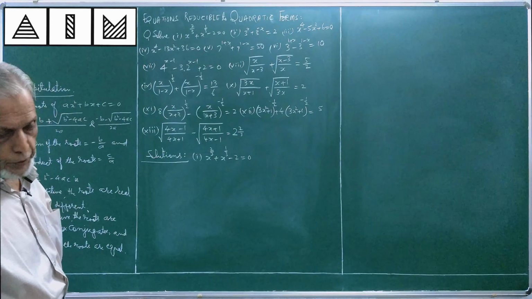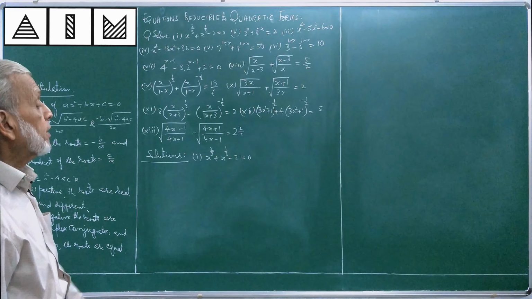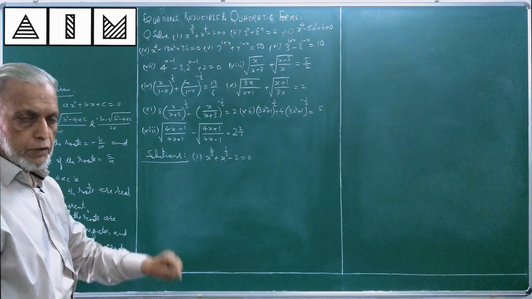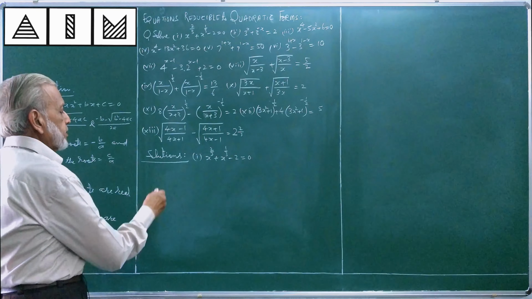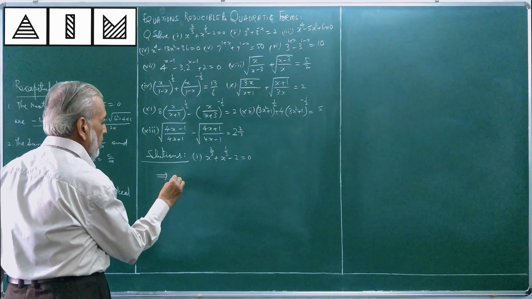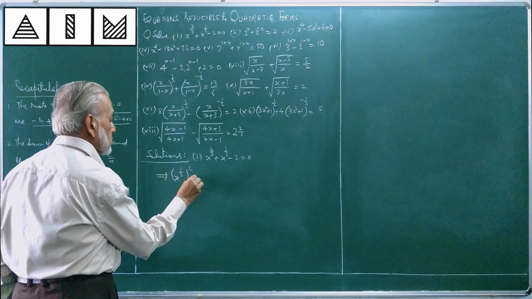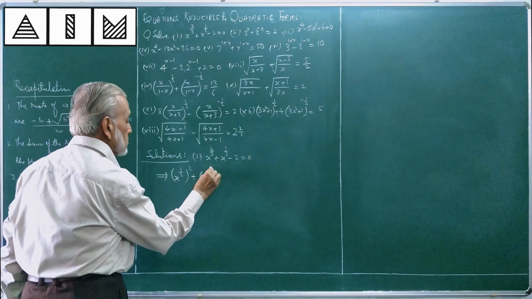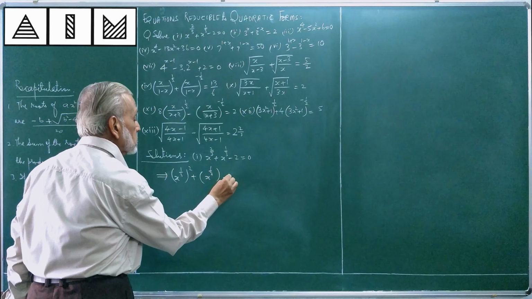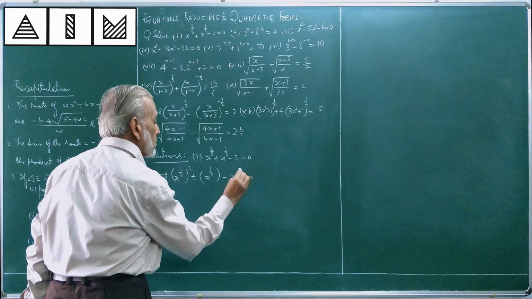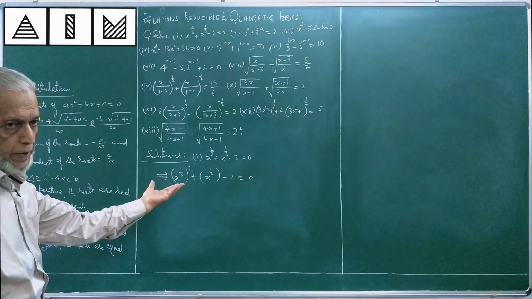x power 2 by 3 plus x power 1 by 3 minus 2 is equal to 0. This equation is going to be rewritten now. Nothing to explain here.